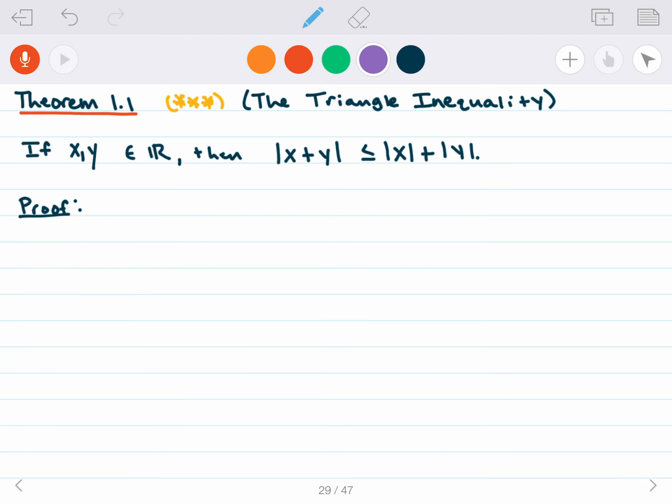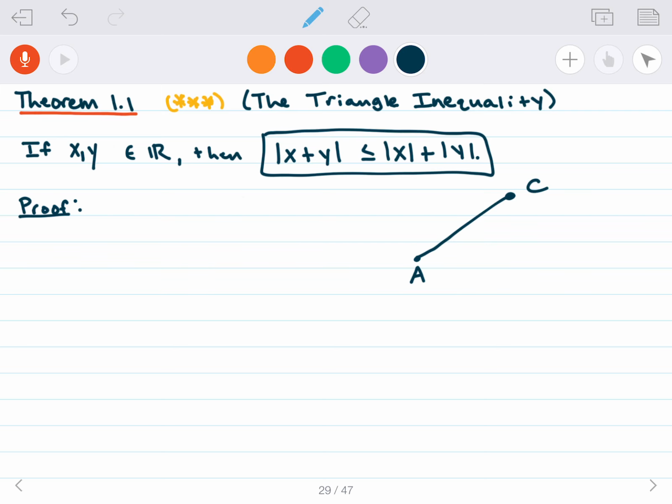Okay, so this is a super important theorem that you're going to see over and over again. It's called the triangle inequality. You may have seen it in a previous class, I'm not sure. The reason they call it the triangle inequality, and I think your book goes into this, is that here we have, let's say this is from A to C, let's say this is B to C, this is abs y, this is abs x, and this is abs x plus y.